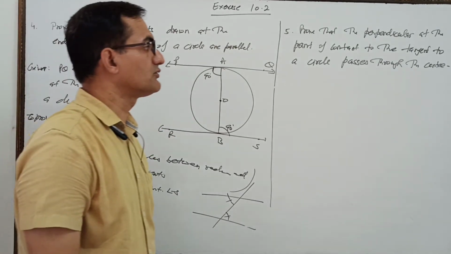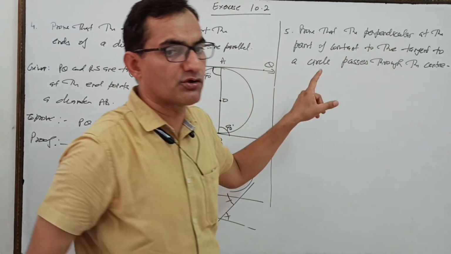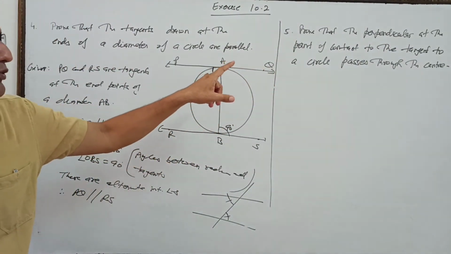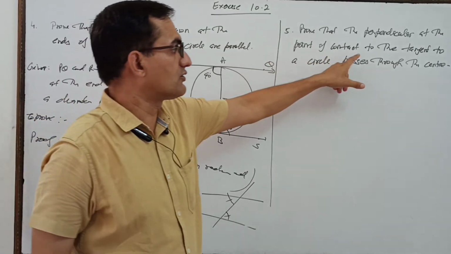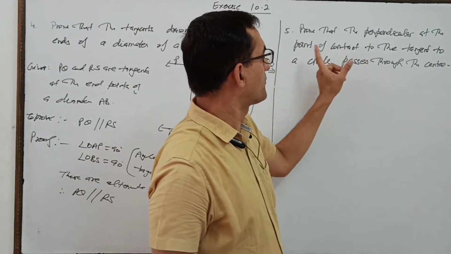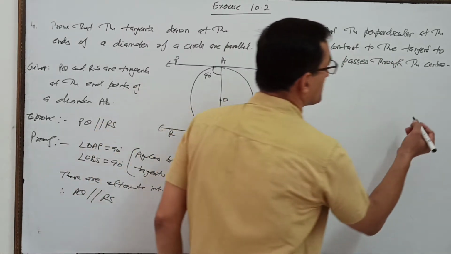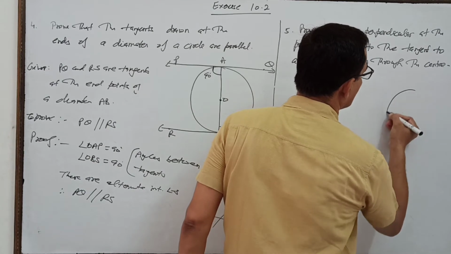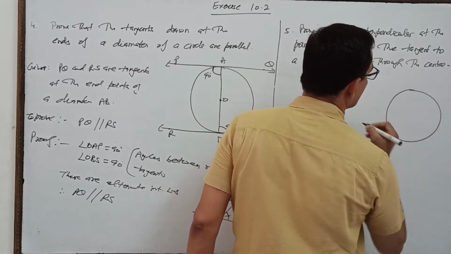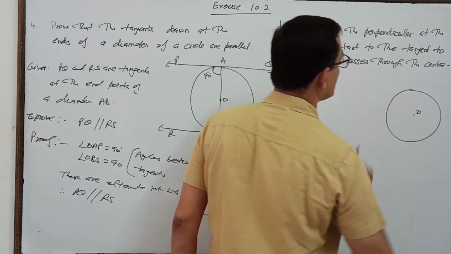Okay. Now come to the fifth question. Prove that the perpendicular at the point of contact to the tangent to the circle passes through the center. You have to prove this. Let this be the circle and O is the center.